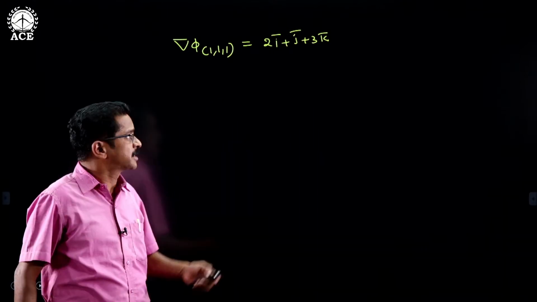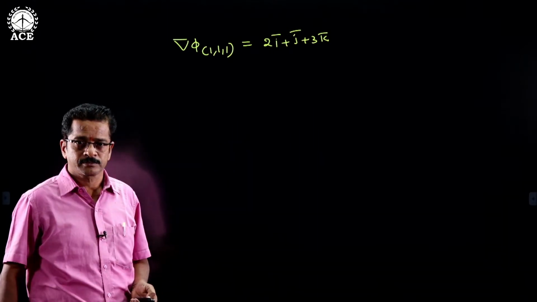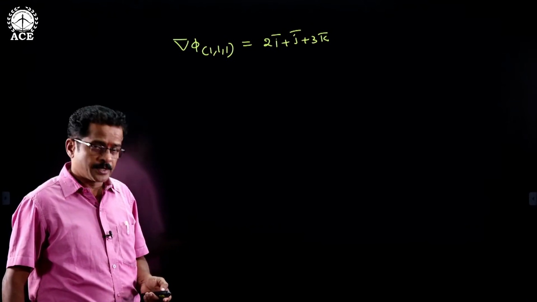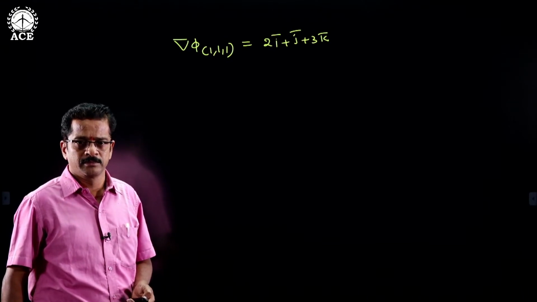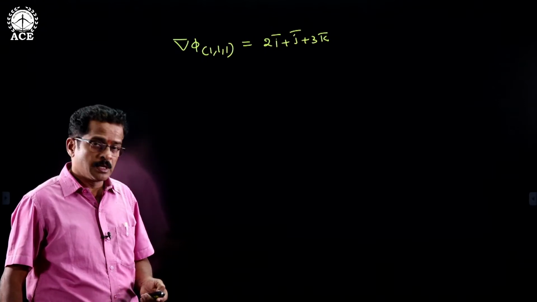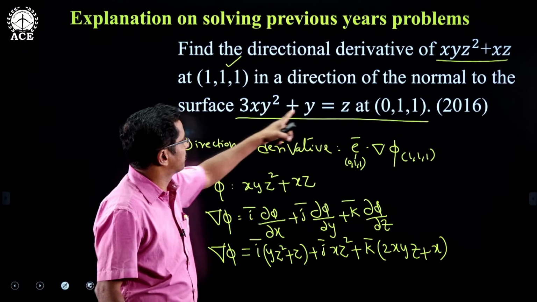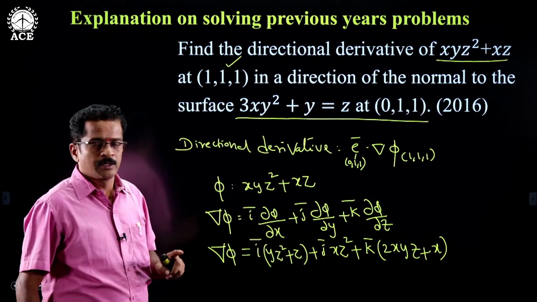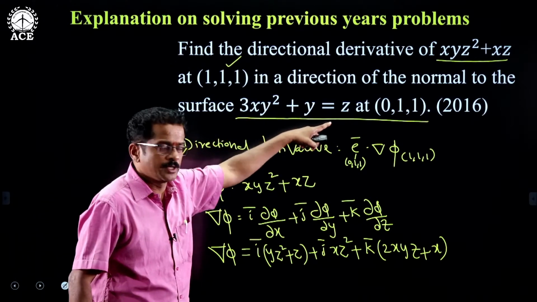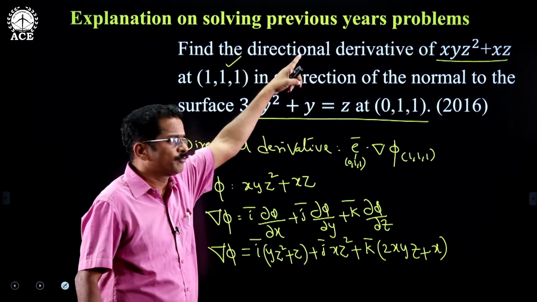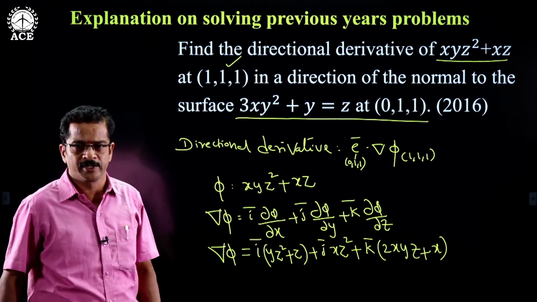This is the gradient of the function I evaluated. Now I have to evaluate E bar. E bar means the unit normal vector to the surface. In the direction of this vector we are going to evaluate the directional derivative.